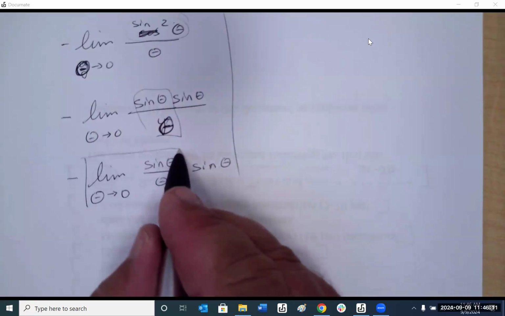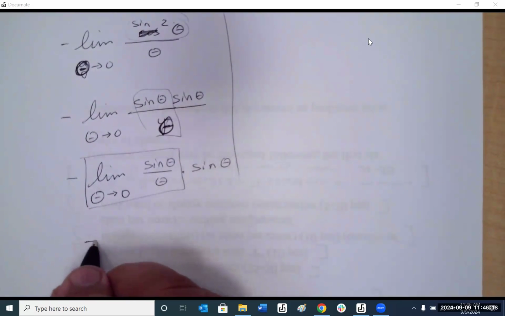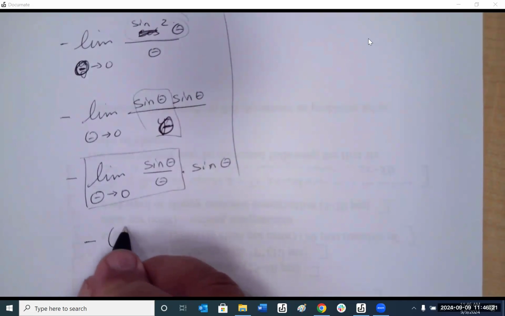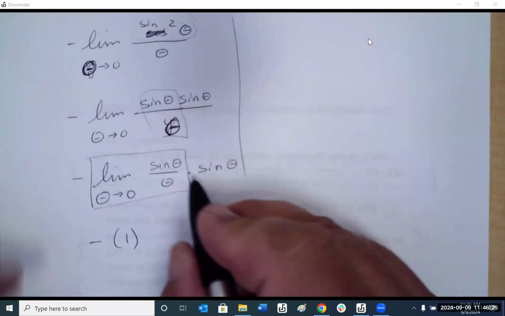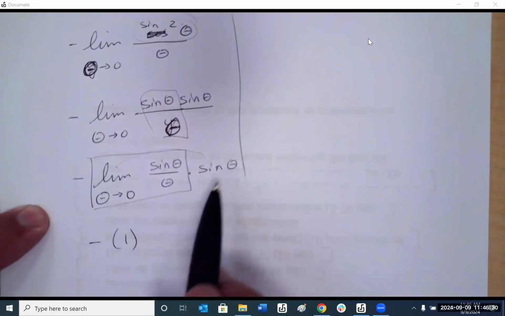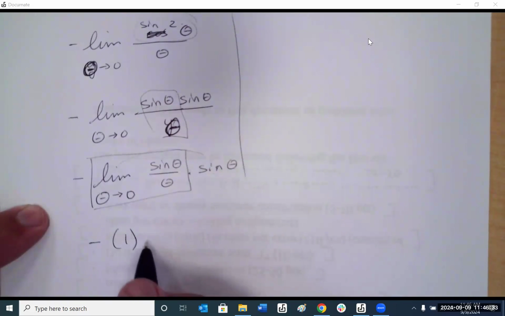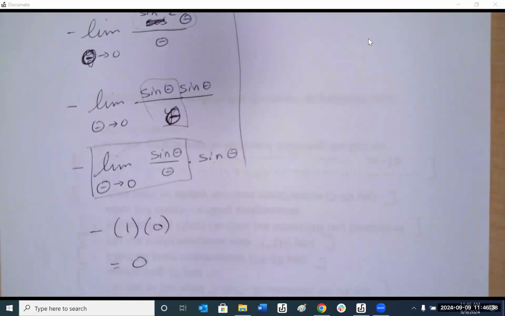So what does this equal? It equals 1. So we have negative, this equals 1, and the limit distributes to both of them, it's a product rule. So as theta goes to 0, what's the sine of 0? So the answer is 0. And that's what we were trying to prove. The left side was proving that it equals 0.